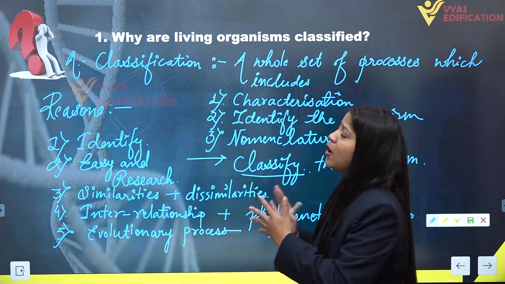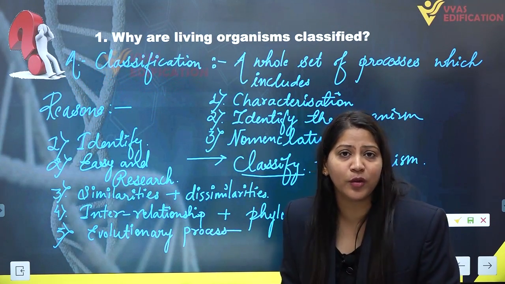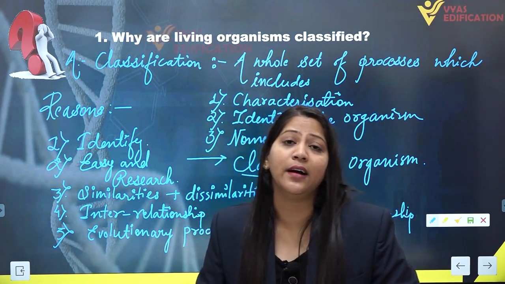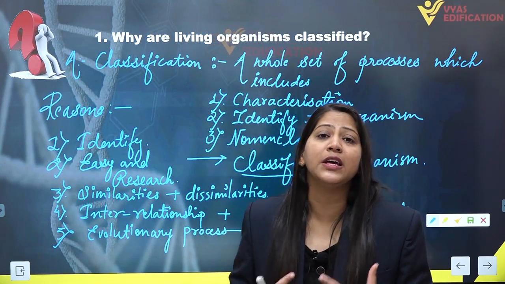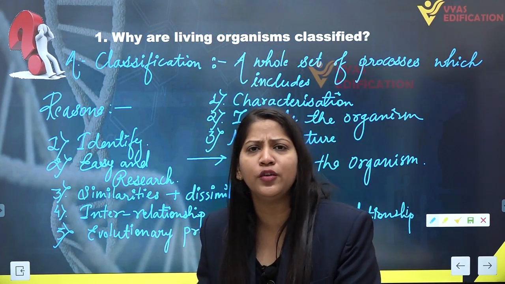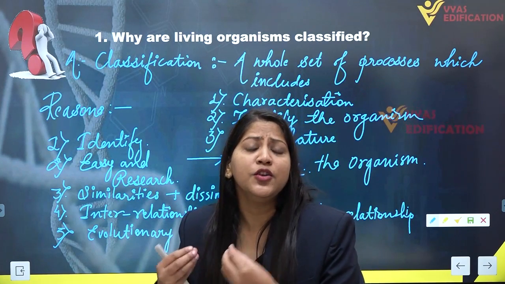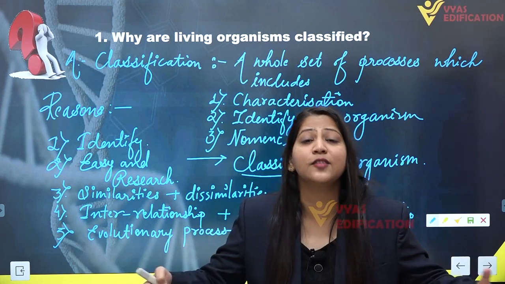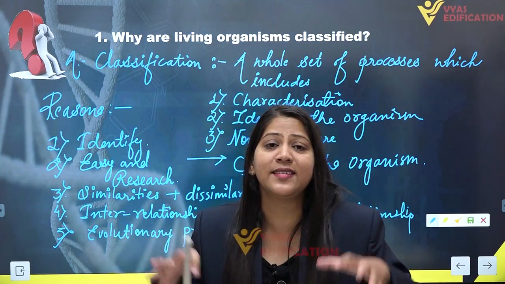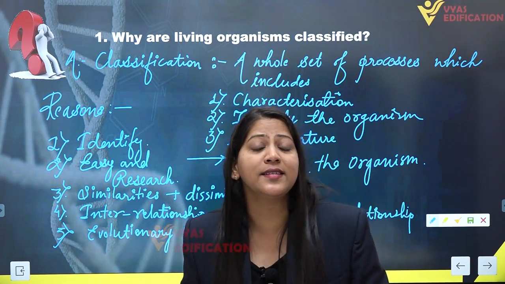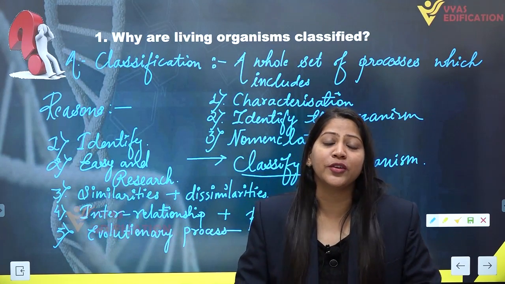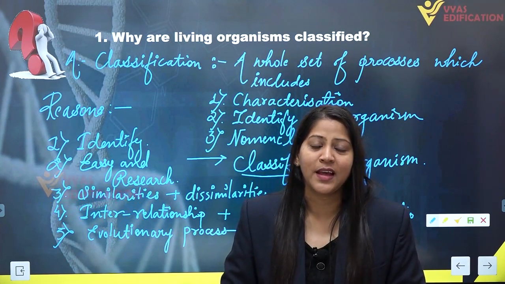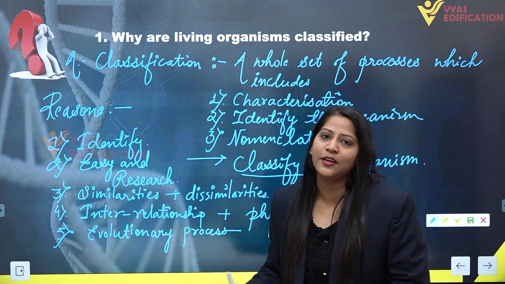So the study of classification helps us understand how we have evolved from simple unicellular prokaryotic organisms to this much. This sets the basis to understand how evolution takes place. This is the complete answer of this question.